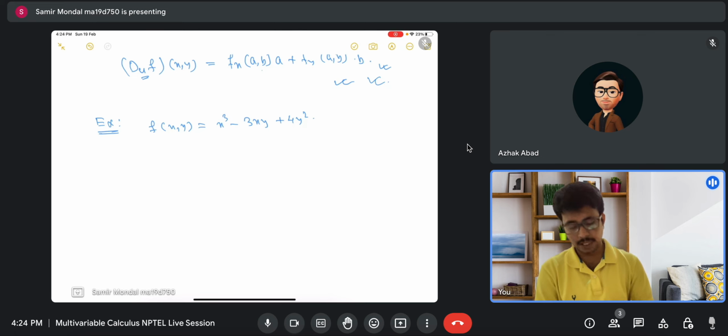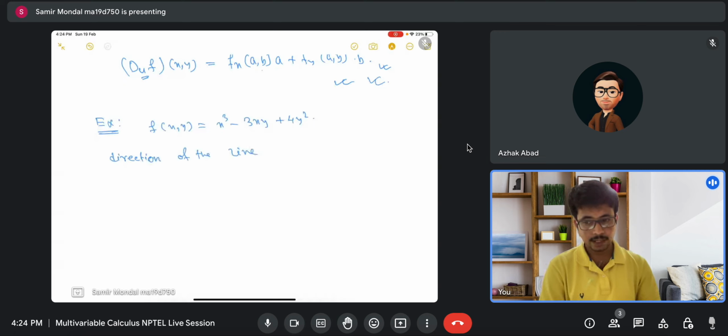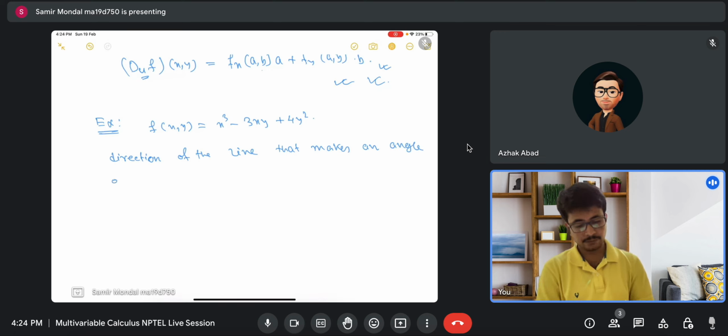The direction of the line that makes an angle of pi by 6 with the x-axis.